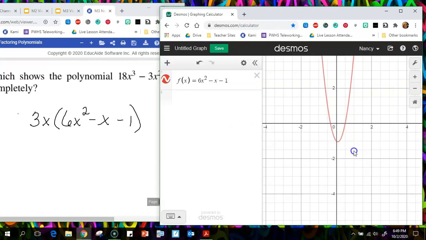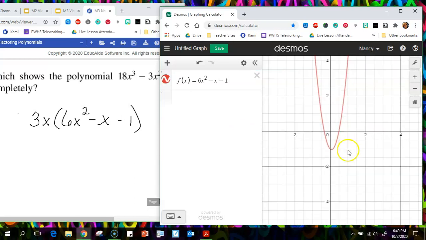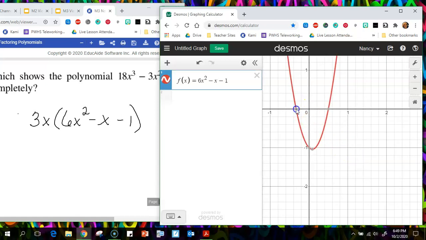Okay, where are the x-intercepts? The x-intercepts are at negative 1/3. Let me show you that. Negative 1/3 and 1/2. Okay? So let me go back over here.